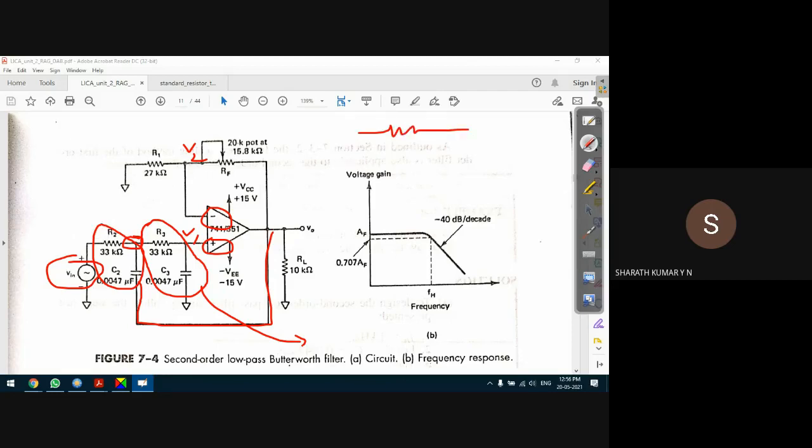This is R2 and let us say C2. At one end it is the output voltage V0. The other end of R2 is Vin.